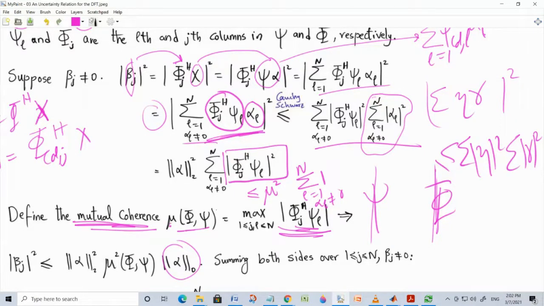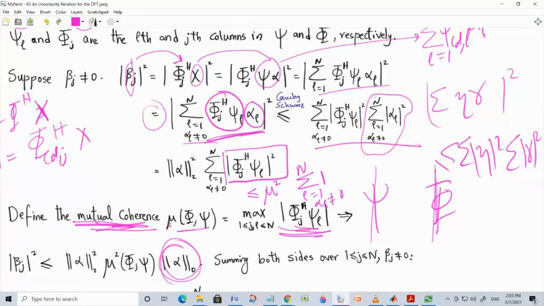So why did people introduce mutual coherence? For a number of reasons. Mutual coherence is an important and useful concept, but using it here is basically this: you have this summation, and you want this quantity, which counts the number of non-zero terms of alpha, to appear.